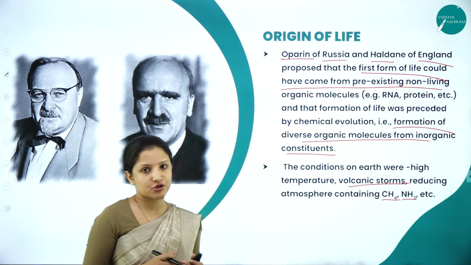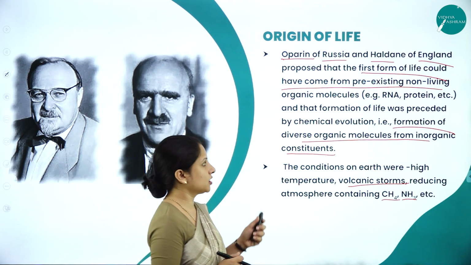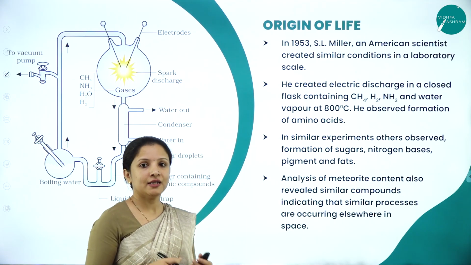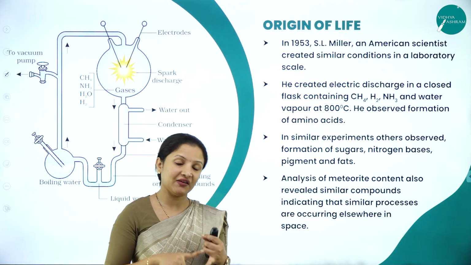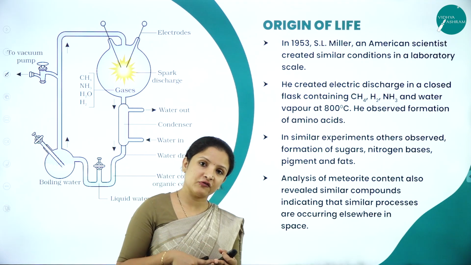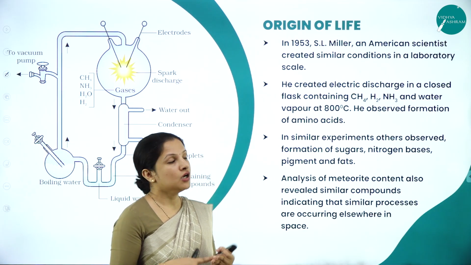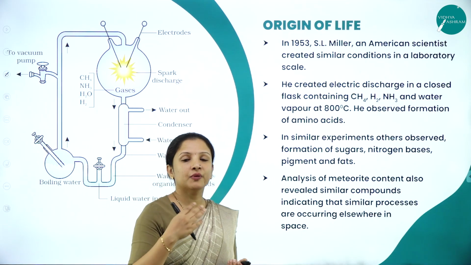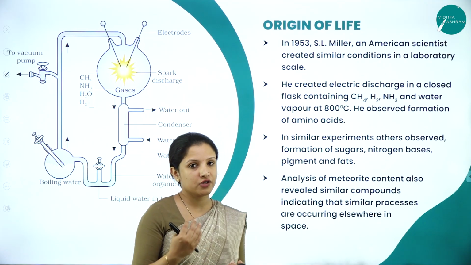So this was the condition of the early earth's atmosphere, which was very hot, had volcanic storms, and had high amounts of methane and ammonia. From that, how did the present day atmosphere evolve? We shall look into that.